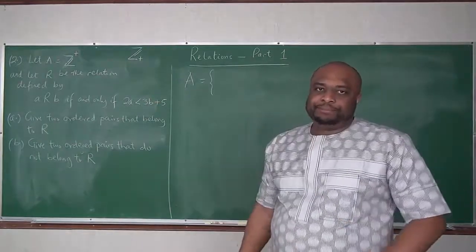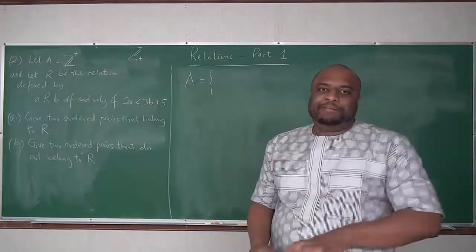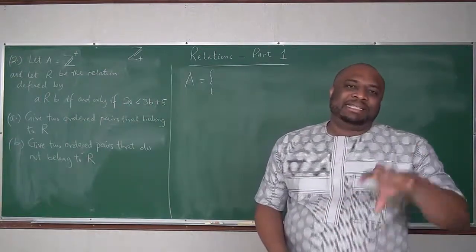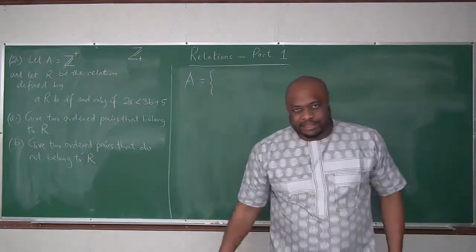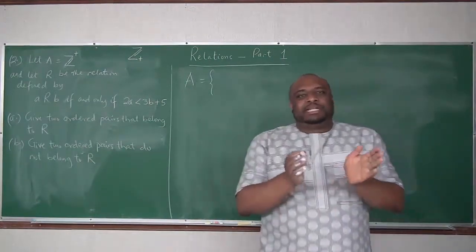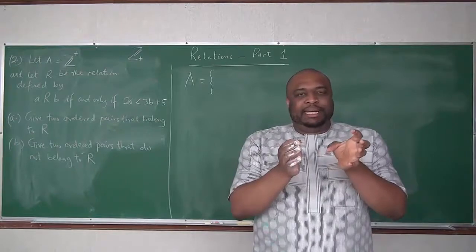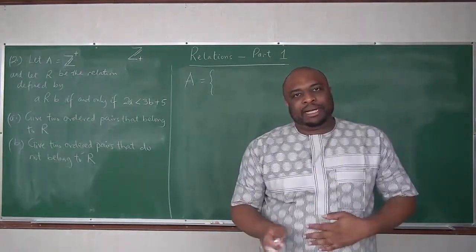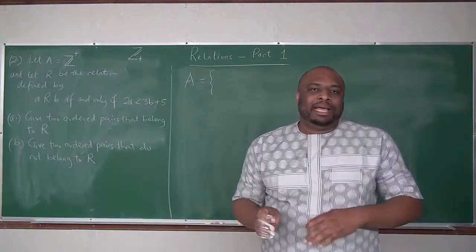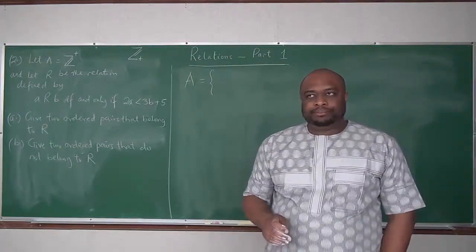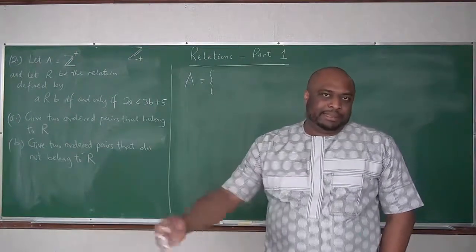So this is not non-negative integers. What is the difference between positive integers and non-negative integers? Positive integers are just the counting integers, numbers you can count, the positive part, excluding 0. 0 is not included.